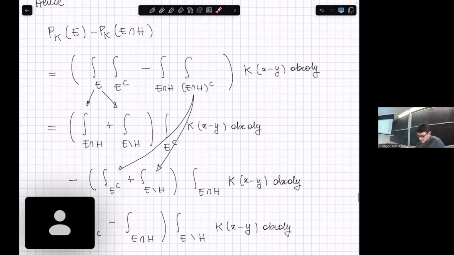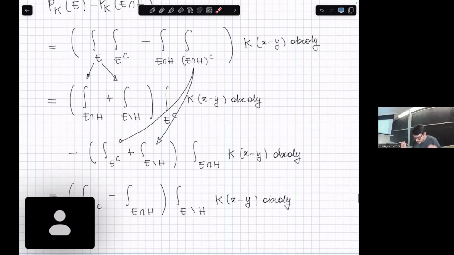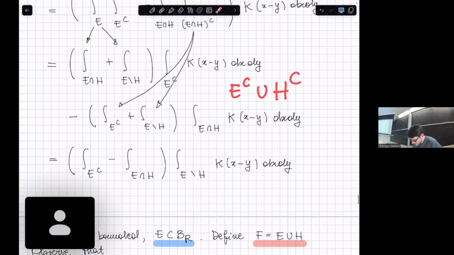And now we have to open a little bit the situation. That is, I will split this integral into parts. So the part where you are inside H and E, and the part of E which is outside H. Okay, I have just split it. And also I will split this integral here in two parts. So if you remember De Morgan's law, which usually I don't, this is the situation, okay?